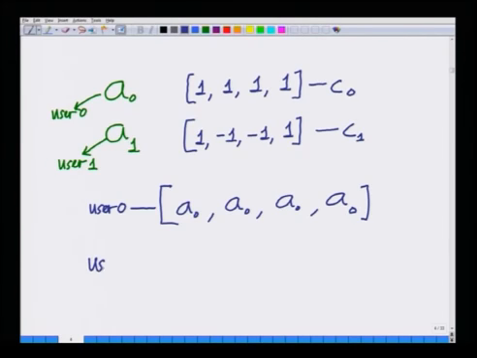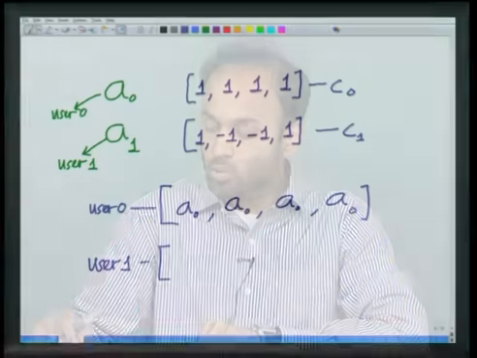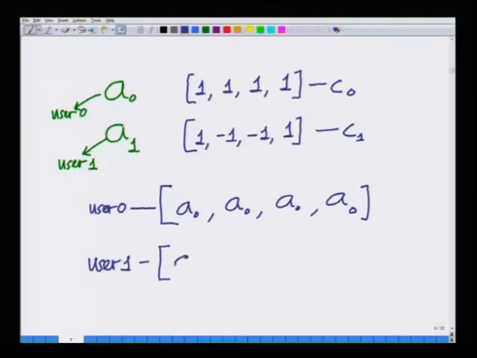Similarly, for user 1, I will take the symbol A1 and multiply it by its code, which is 1, minus 1, minus 1, 1. After multiplying, I get A1, minus A1, minus A1, A1.